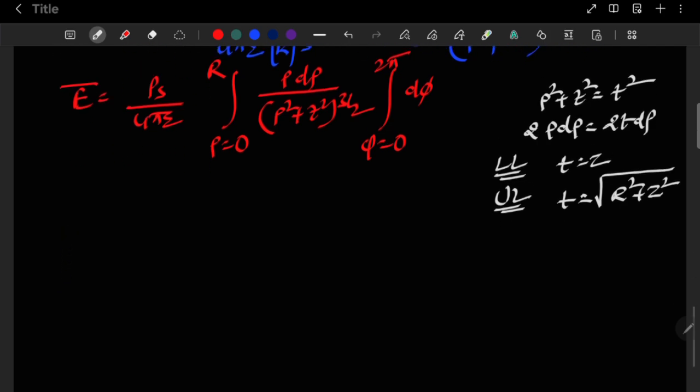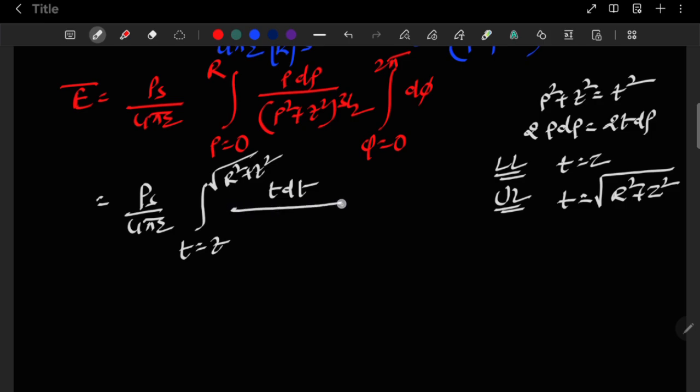Now we can proceed for the change of variable. So E bar is equal to rho s by 4 pi epsilon integral t from z to root of R square plus z square. Rho d rho means I can write t dt by t square power 1 by 2, means t cubed. And you will get the integration of 1 with respect to phi is phi, and the limits are 2 pi minus 0 is 2 pi.